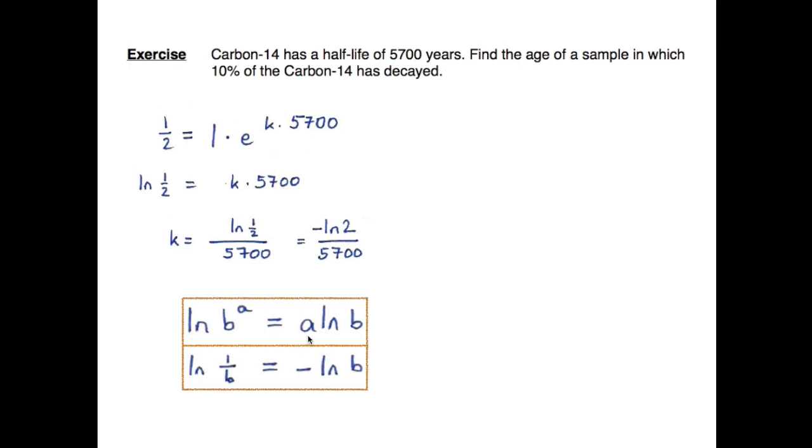It becomes -1 times ln of b. So that's how, from ln of 1/2, I wrote negative ln of 2. b is 2. Be careful, this is ln of, open parenthesis, b power a, close parenthesis. It's not ln of b and all that power a. It's very different.